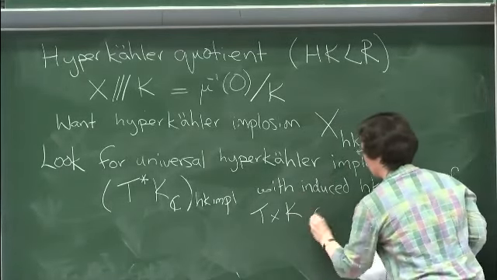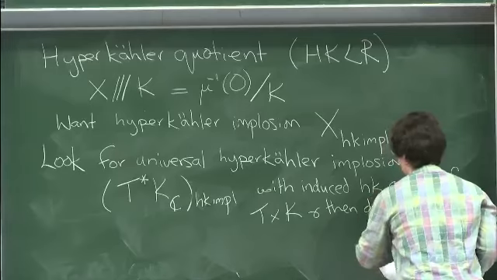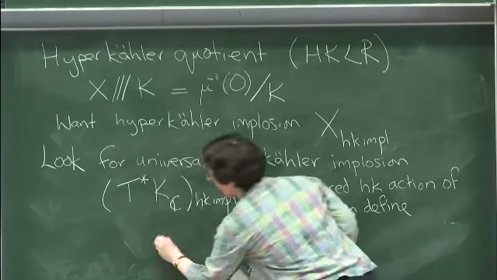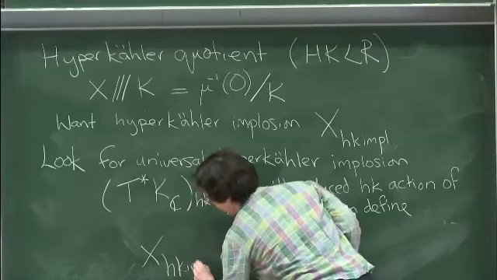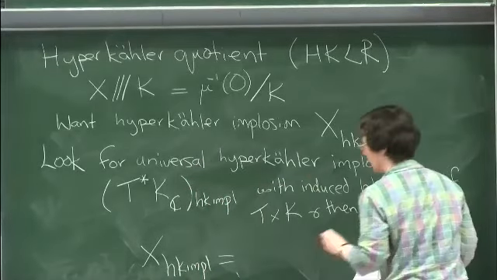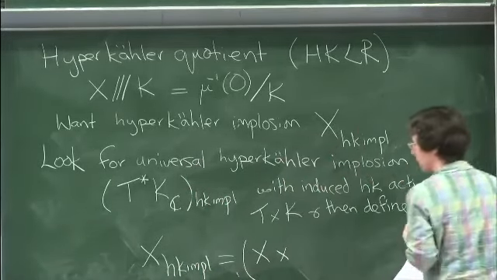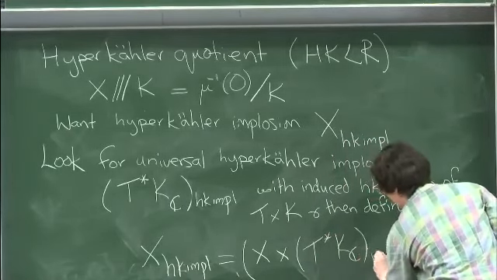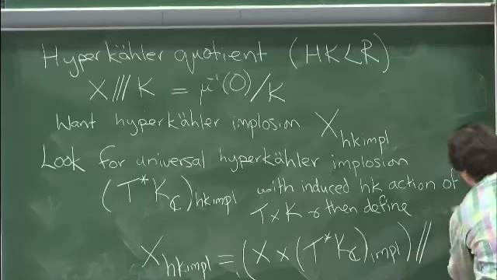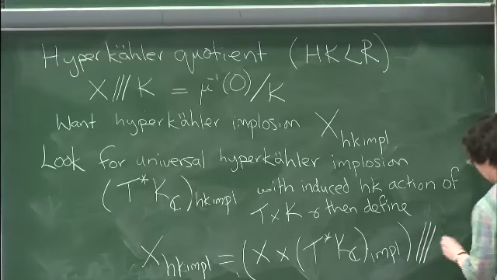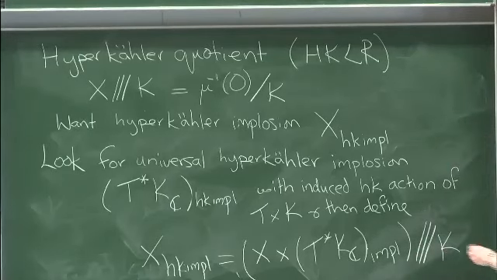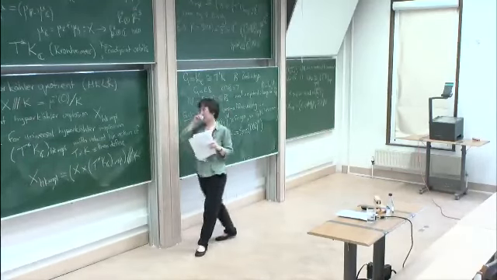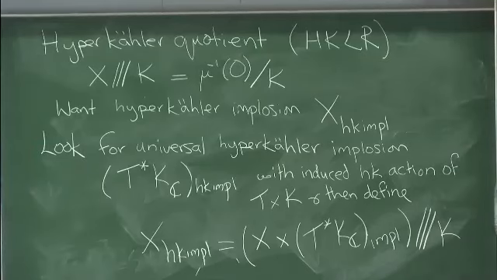And then what we will do, if we've got this thing, is define the general Hyperkahler implosion to be the quotient of the product of X with this universal thing, and then we take the Hyperkahler reduction of that by K, and that should give us the general Hyperkahler implosion if we've got this universal one.